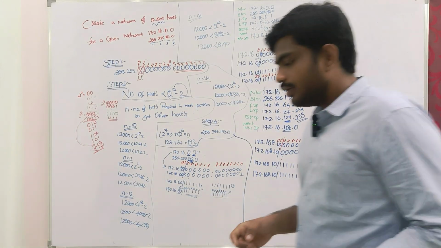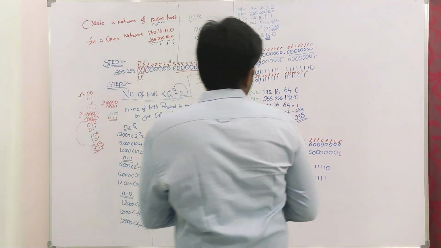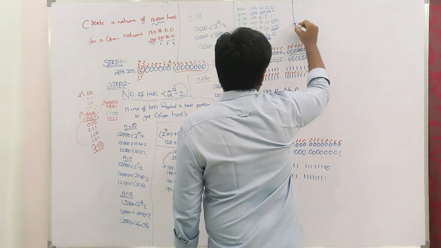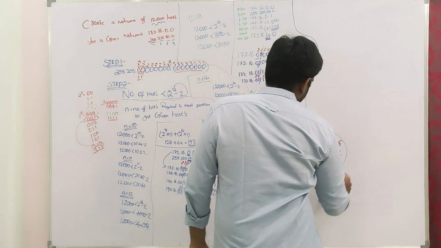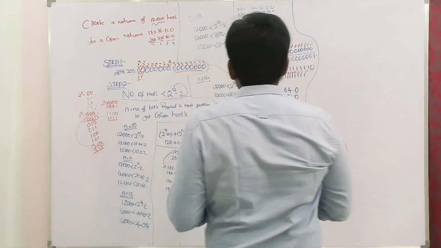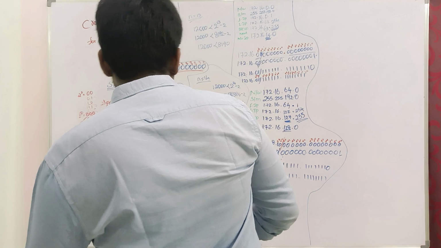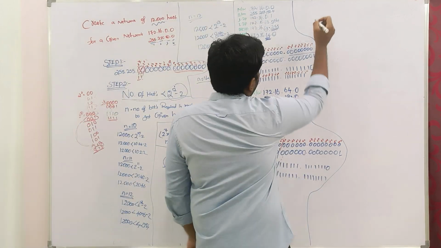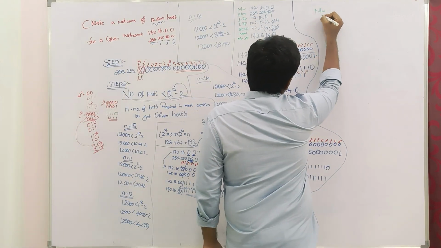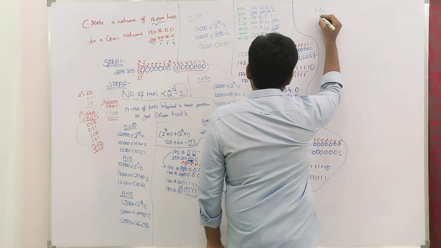Come on, let's start. So let's start finding the network IP, subnet mask, first IP, last IP, broadcast IP and the next network IP.